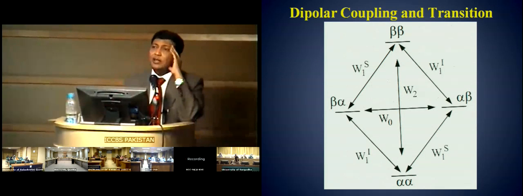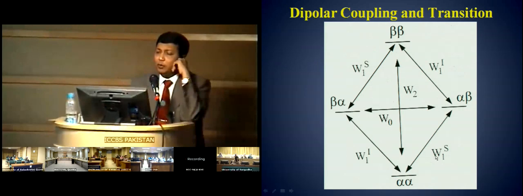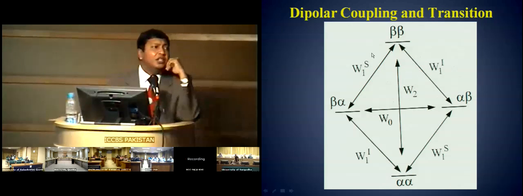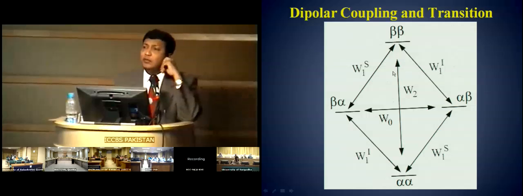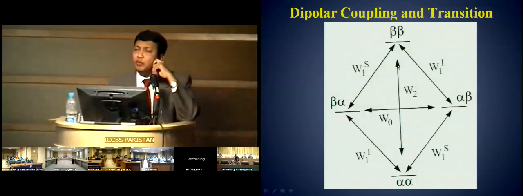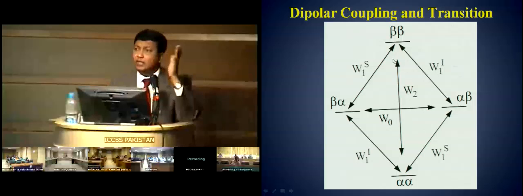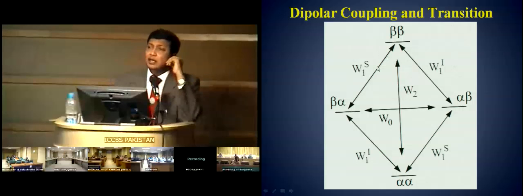So this is the diagram. I will tell you that this W1 is always operational. Whenever you give a radio frequency pulse, the relaxation takes place by a mechanism which involves a single quantum relaxation. Always. Okay?